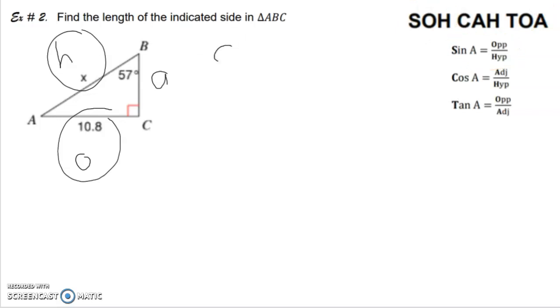So let's write that in. Sine. In this case, because they gave us angle B is 57, we're going to have sine B. And the formula is opposite over hypotenuse. So next step is we're going to fill in what we know. Instead of writing a B, we know that angle B is 57.